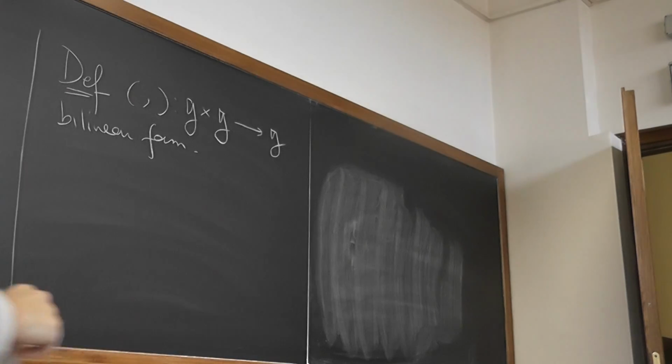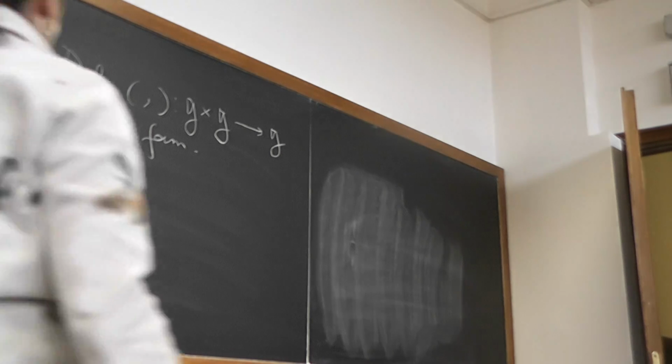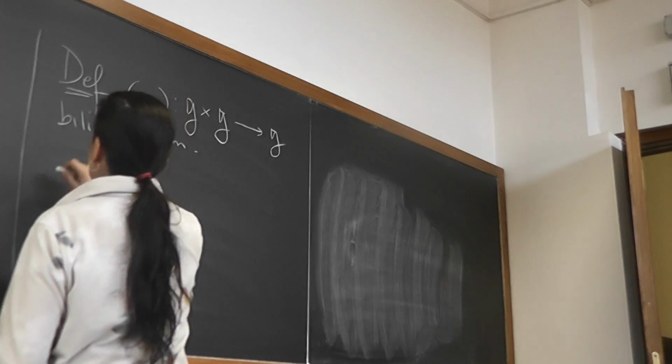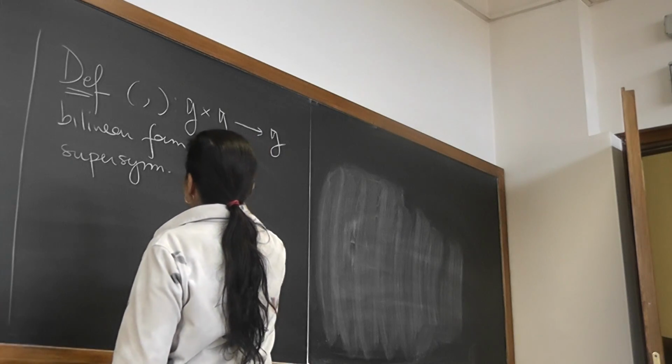We can have a bilinear form on the Lie superalgebra G, and you know what a bilinear form is, and we can have a symmetric bilinear form, what is called supersymmetric.